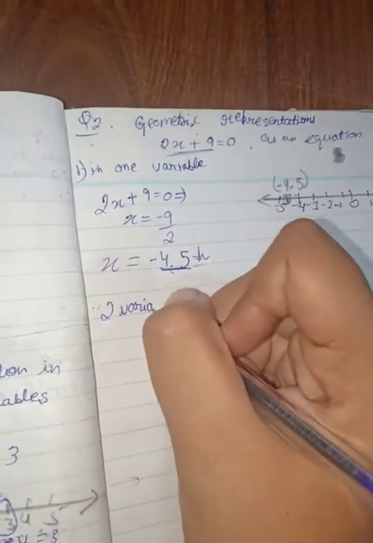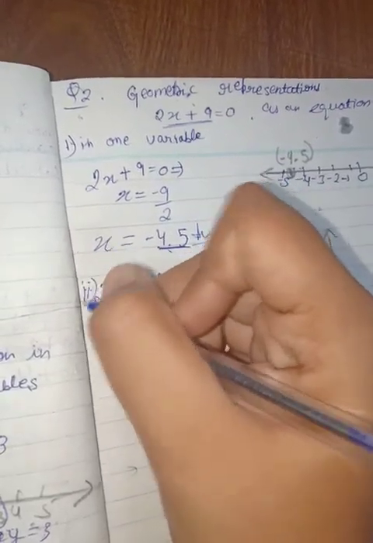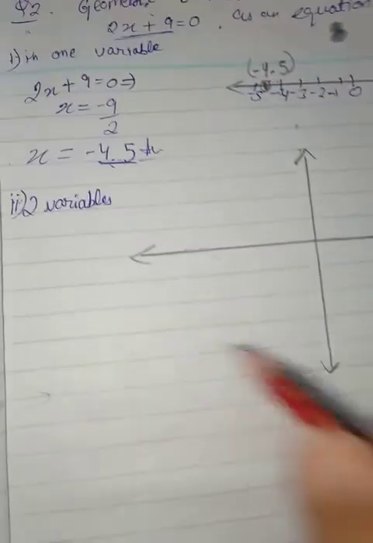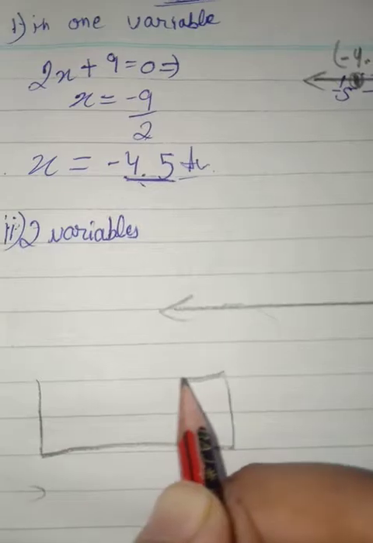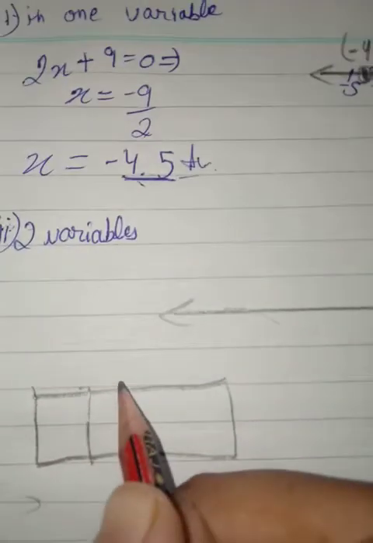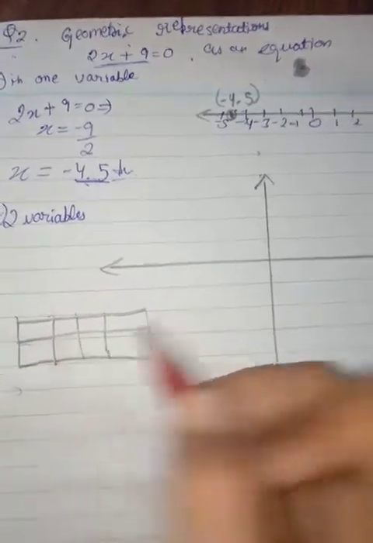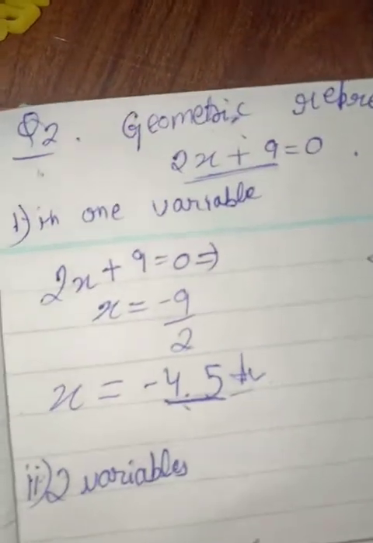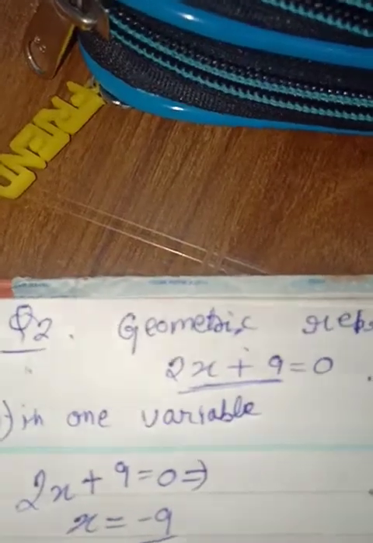So now we have to make it in 2 variables. Now x is given here as -4.5, so it will be drawn on the negative side of the Cartesian plane.